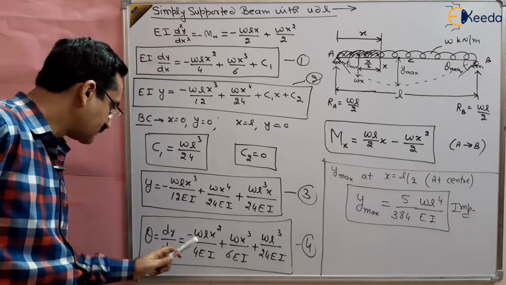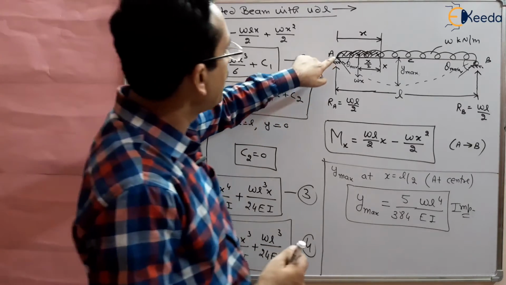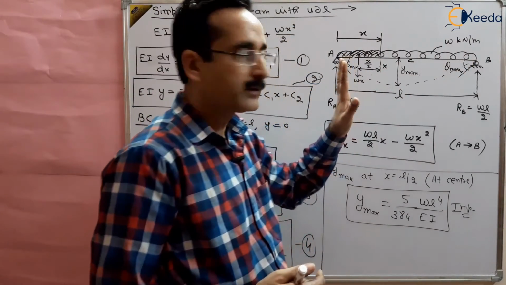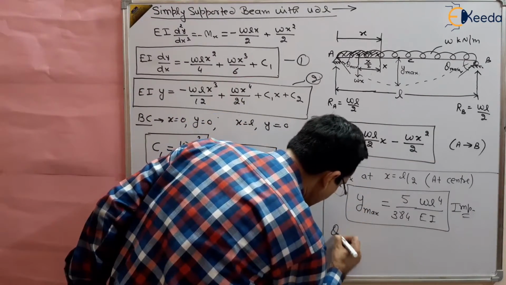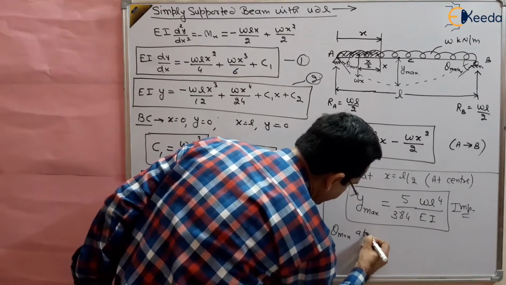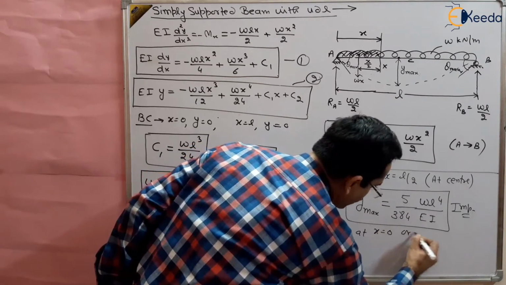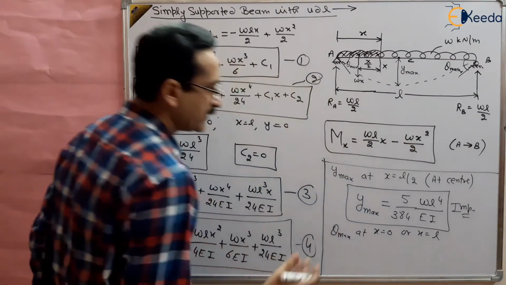Now finding the maximum slope. Maximum slope will be at A or at B, both points will be the maximum slope points. So theta max will be obtained at x equal to 0 or x is equal to L. Both ways you will get the same value.